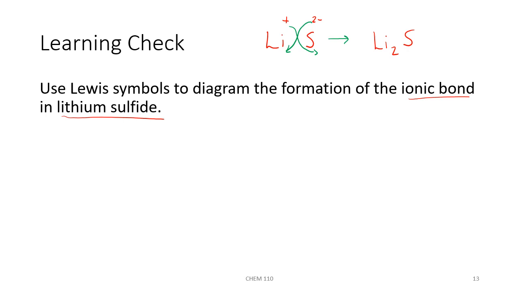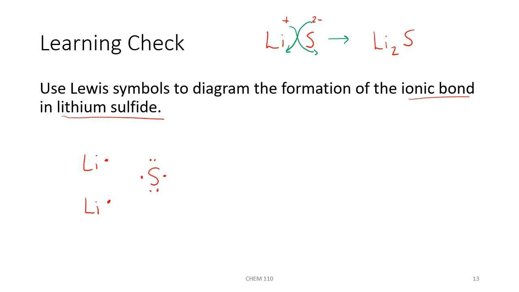Let's draw our Lewis dot symbol for our 2 lithium ions. Lithium's group 1A, so it has 1 valence electron, and we're going to have 2 of them in this reaction. Sulfur is a group 6A nonmetal, and it has 6 valence electrons around it. So 1, 2, 3, 4, 5, 6.